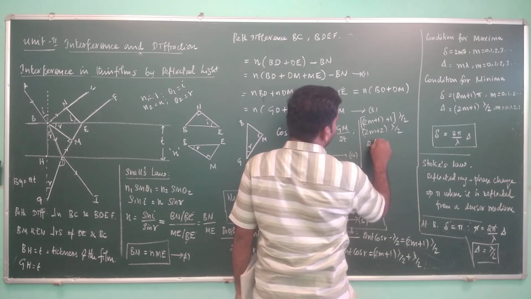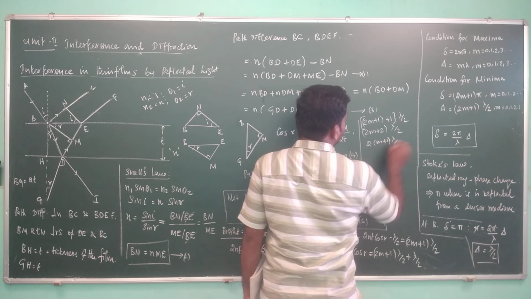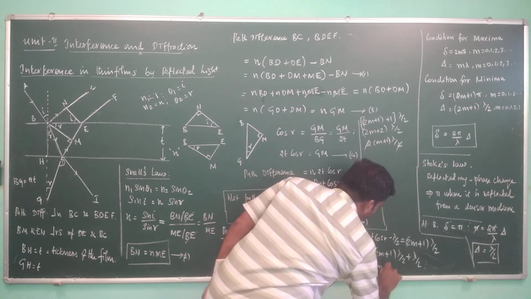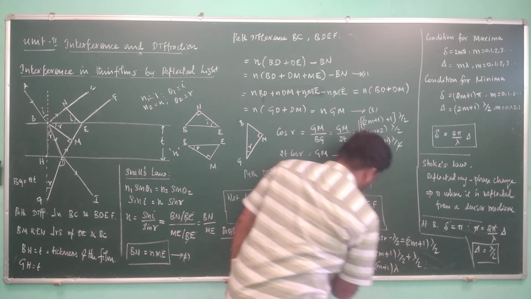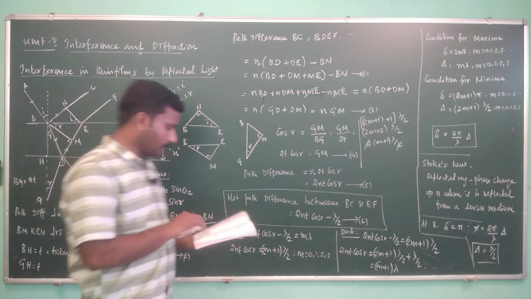You can take 2 common, so 2m plus 1, lambda by 2, the 2s cancel out, so that we will get m plus 1 lambda. If 2nt cos r is equal to m plus 1 lambda, then you will get dark fringes.